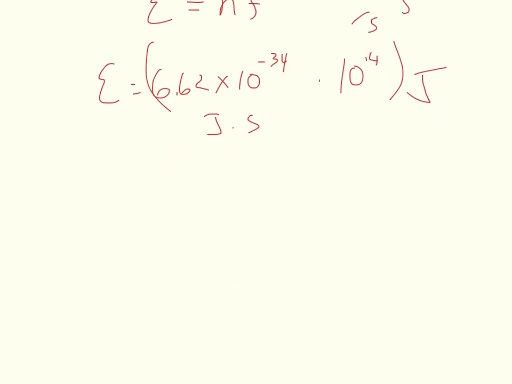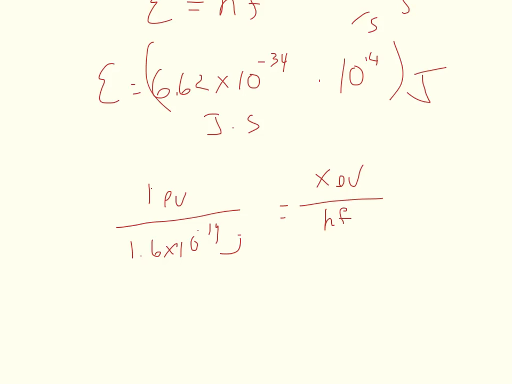And so you convert that to electron volts. 1 electron volt is equal to 1.6 times 10 to the negative 19th joules. And so you basically plug in: 1 electron volt is equal to x electron volts divided by the number of joules that you got, which in our case was equal to hf.